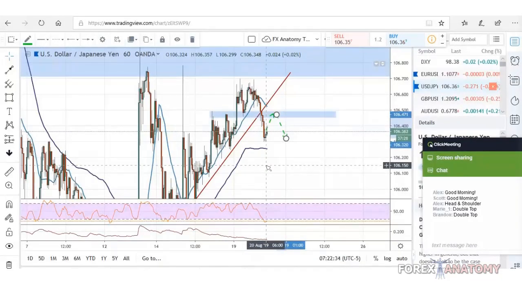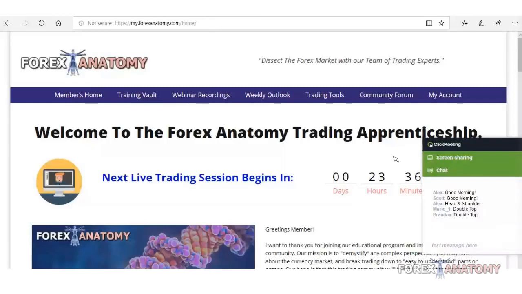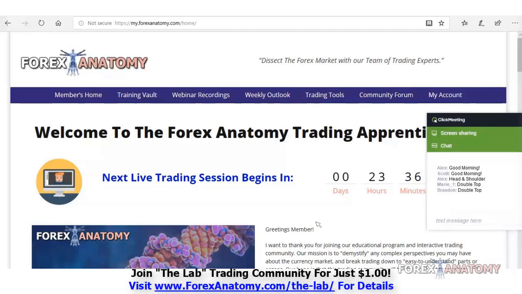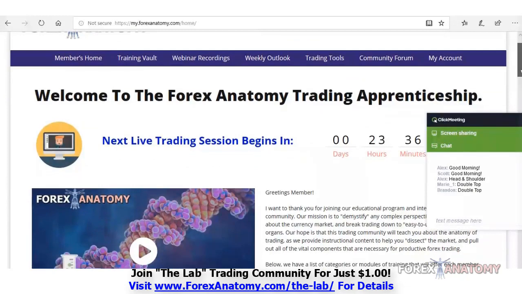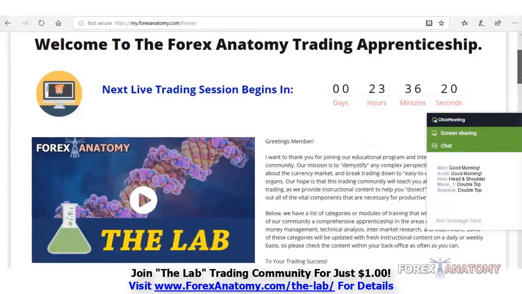So what I'm going to do now, I believe the Forex Anatomy members area is up right here. So let me take you guys there right now. You can see that we're in the back of this members area. And our next live trading session begins in 23 hours and 36 minutes from now.